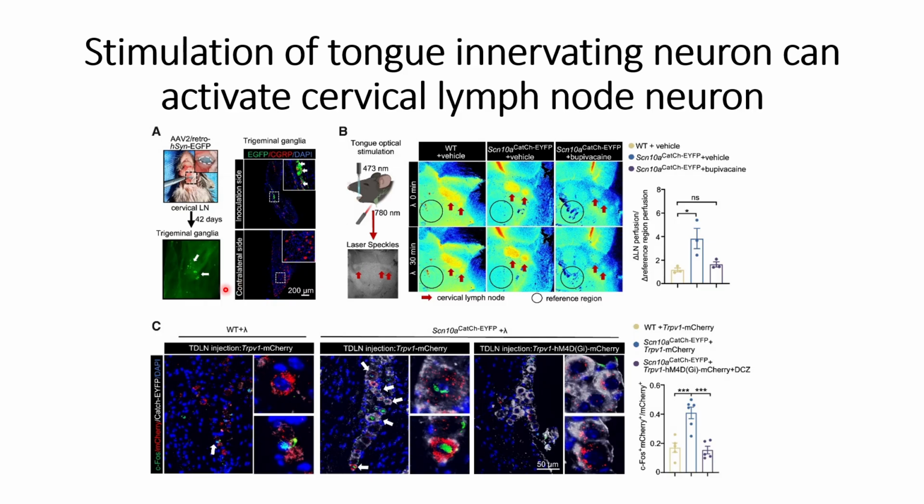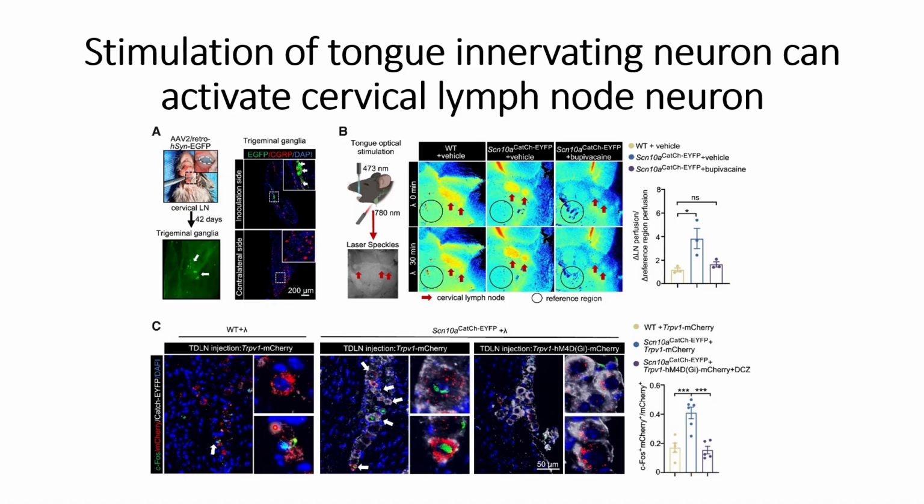Thereafter they use their approach to check a different system, where they took the same Scn10a CatCh-EYFP into the tongue, and at the same time at the site of the cervical neuron they inject TRPV1 mCherry. Here we can see the TRPV1 mCherry neuron in the case of wild type.